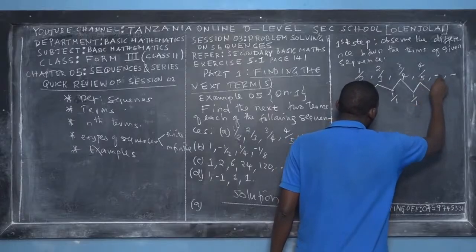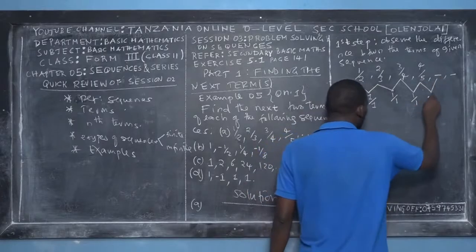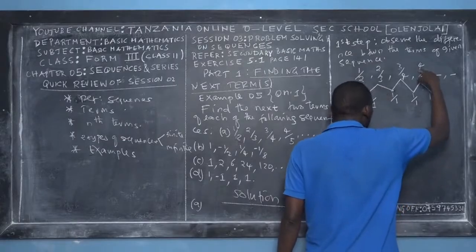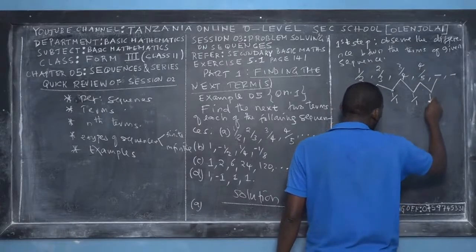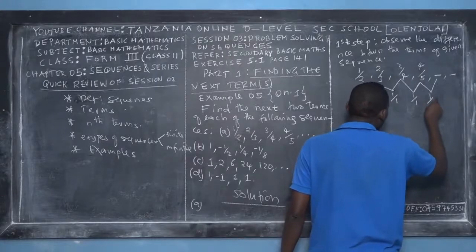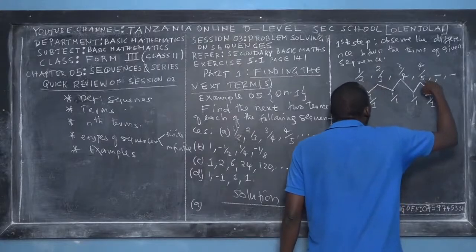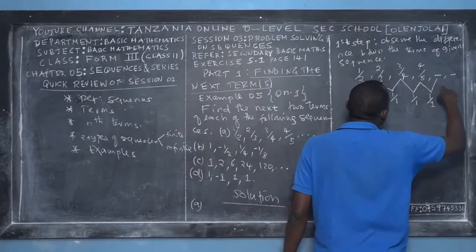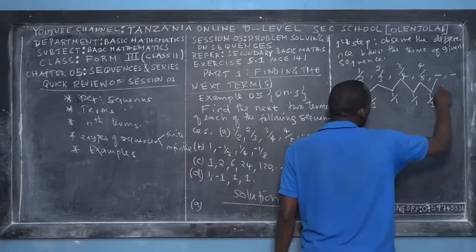Similarly, the difference between the numerator of the fourth term and the unknown fifth term is 1, and the difference between the denominators is also 1.